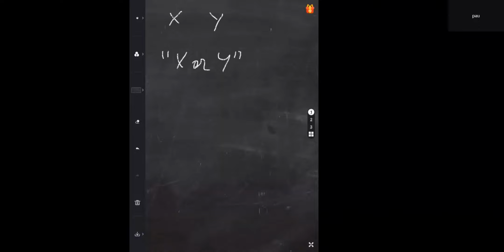And there is a subtle difference there. So this will be true if and only if, this double head arrow, if either X or Y is true, sorry, this is not there. Or both.